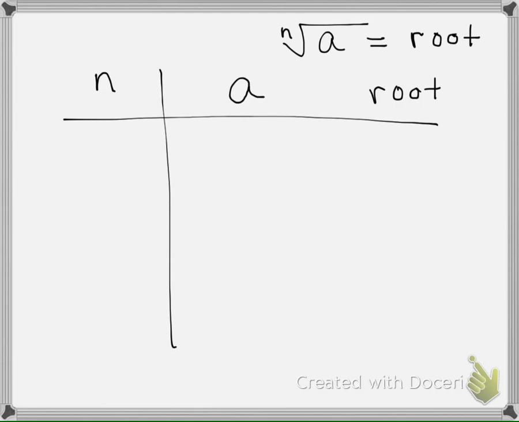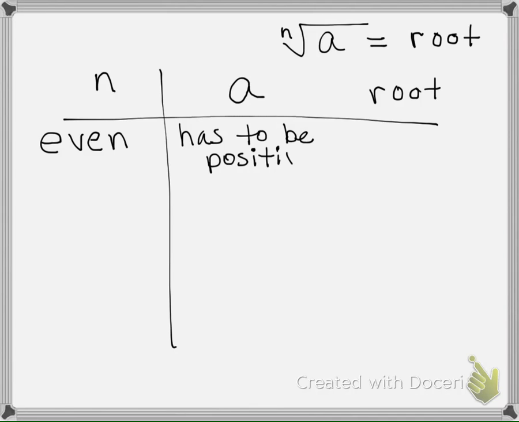So let's start off easy, right? What we're used to. What if we have an even index, like a square root? What type of radicand do we have to have? Positive, right? Has to be a positive radicand.